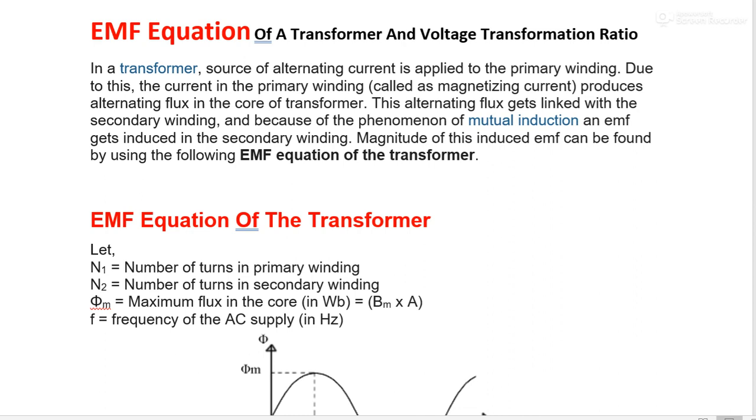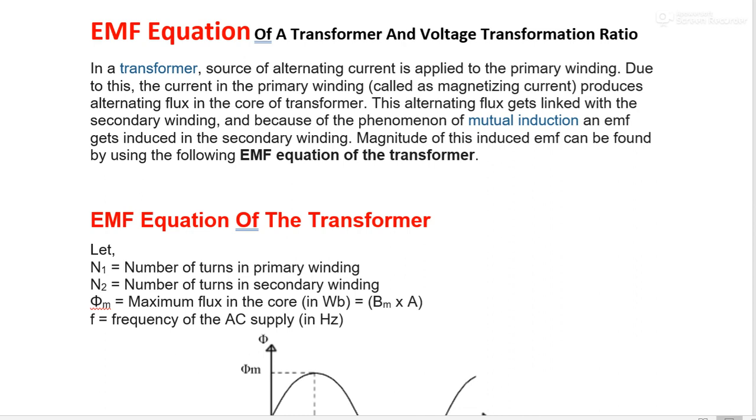Due to this AC voltage, the current in the primary winding, called a magnetizing current, produces a self-alternating flux in the core of the transformer. This alternating flux gets linked with the secondary winding, and because of the phenomenon of mutual induction, an induced e.m.f is induced in the secondary winding.